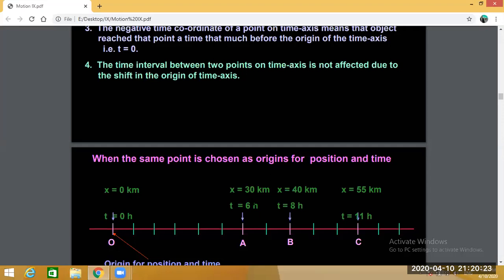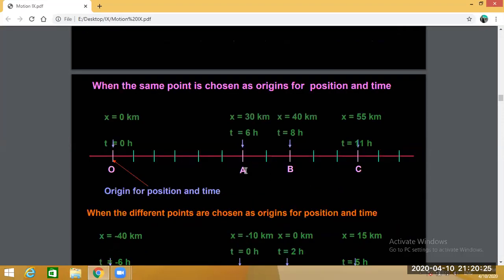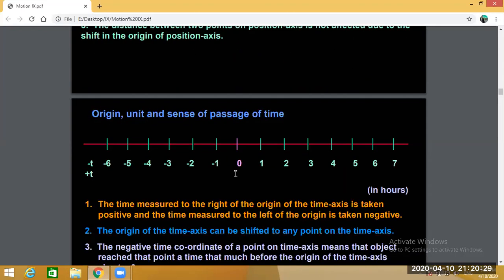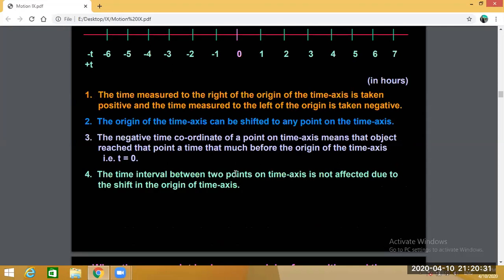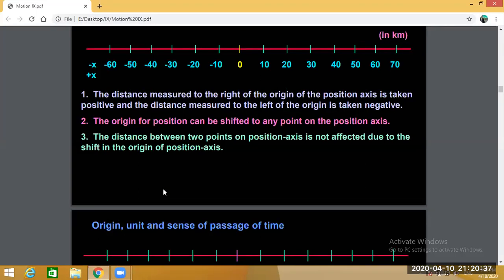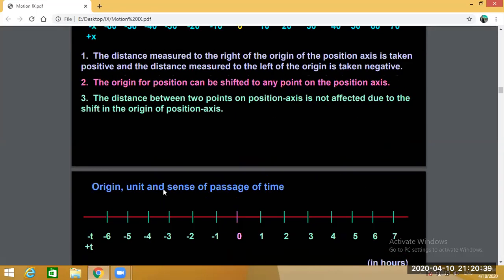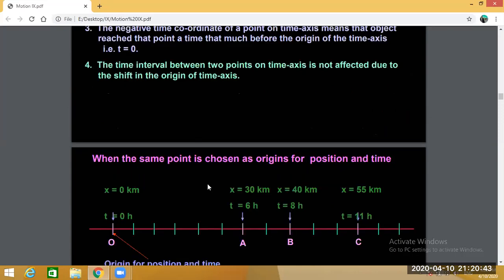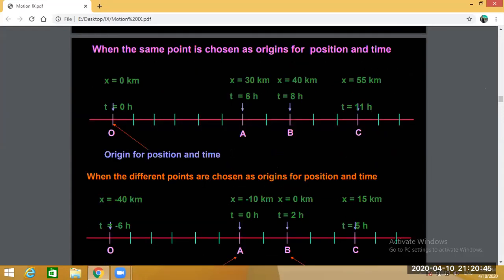Now, try to understand. This is the origin for position and time.